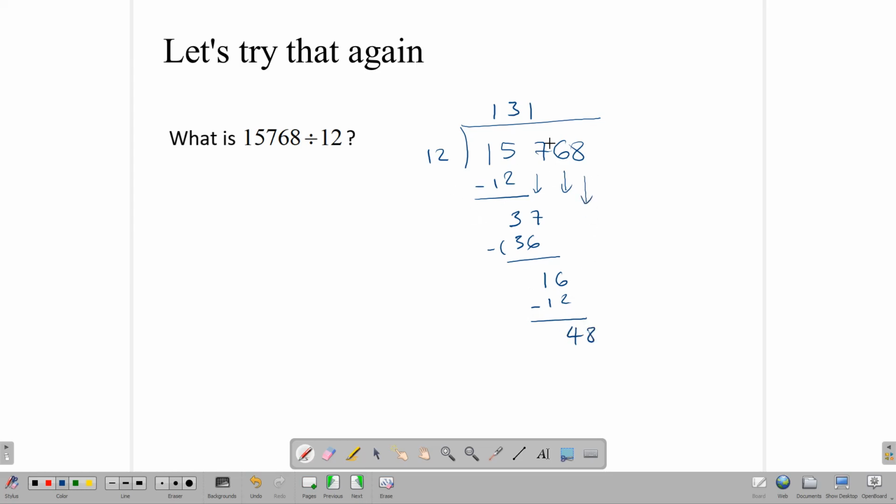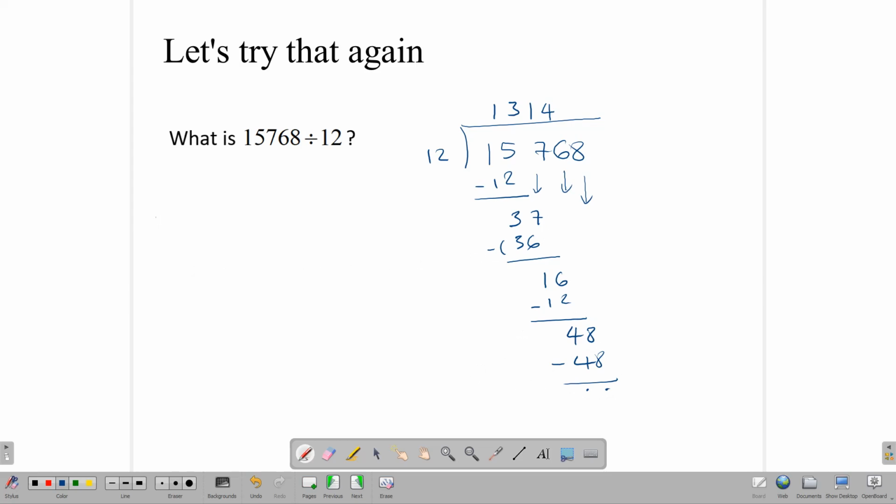And 12 into 48 goes 4 times. And we can say, okay, now 4 times 12 is 48. We do our subtraction and we get zeros at the end. In this case, there is a 0 remainder, or there is no remainder.